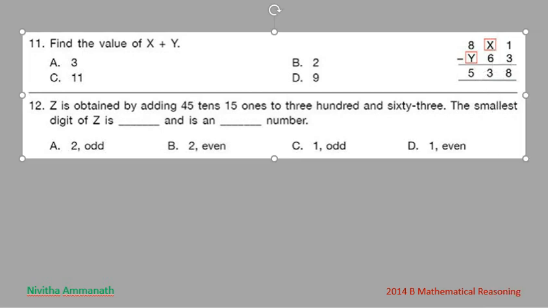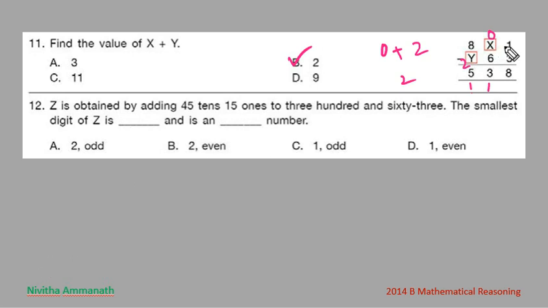So 1 carry over means 3 plus 1, 4, 4 plus 6, 10. So 0 here, 1 carry over, 5 plus 1, 6. 6 plus how many equal to 8? That is 2 equal to 8. So x plus y is 0 plus 2. That is 2. B is the correct option.